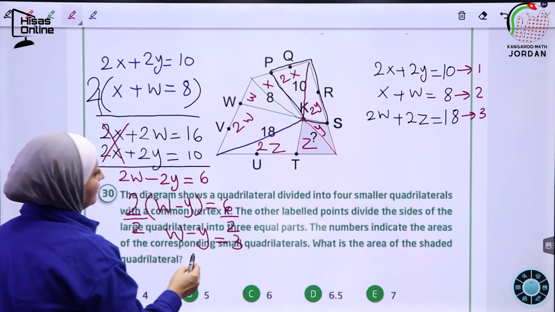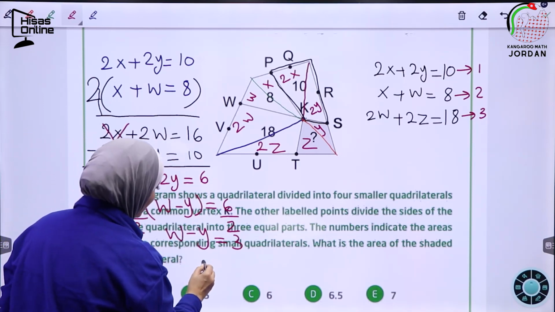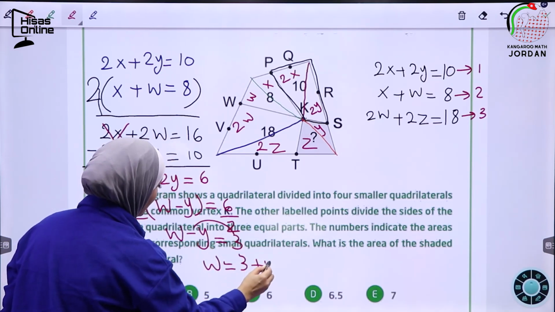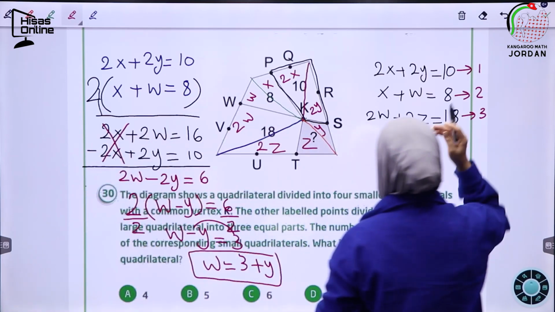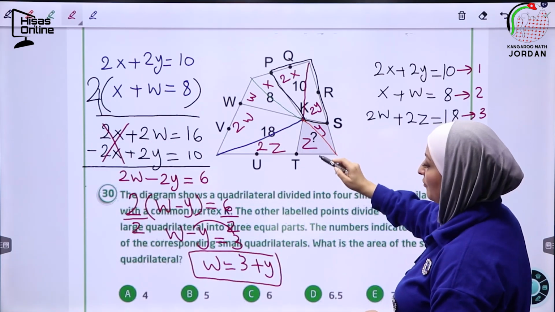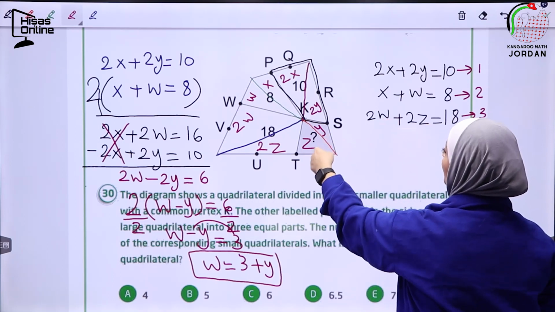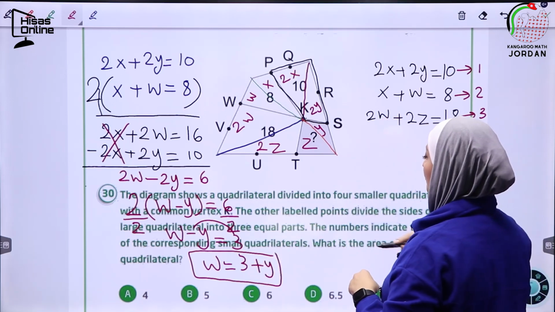Now let's write the w in the term of y. So w equals, let's take the y here, so it's 3 plus y. This equation I will use in order to substitute, because I need a relationship between z and w, but I have z with y.